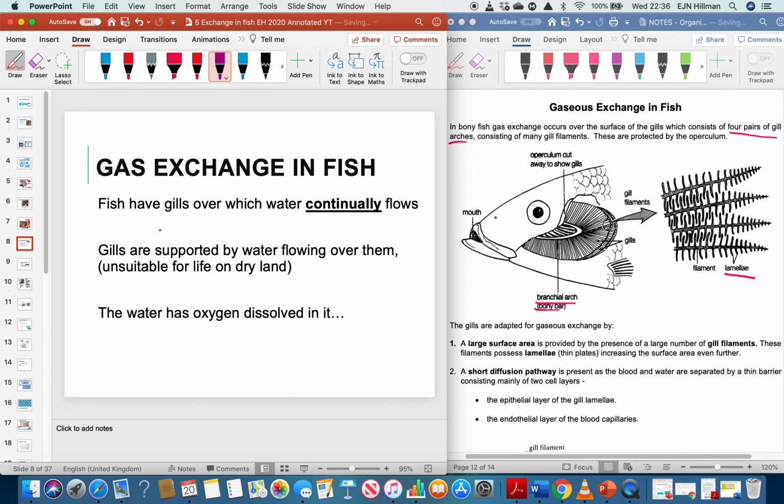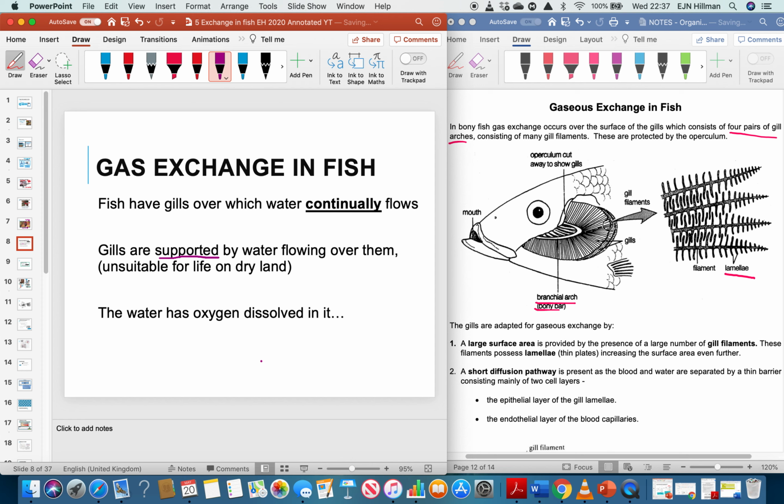Okay. So, water continually flows over the gills. So it flows between the arches, over the filaments and over the lamellae. That's really important. Okay, so that water moving over the gills supports those gills and prevents them from collapsing on top of each other.